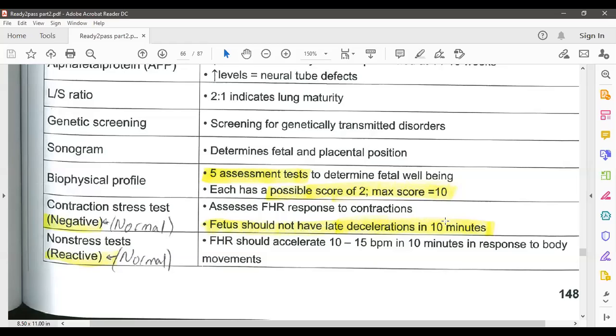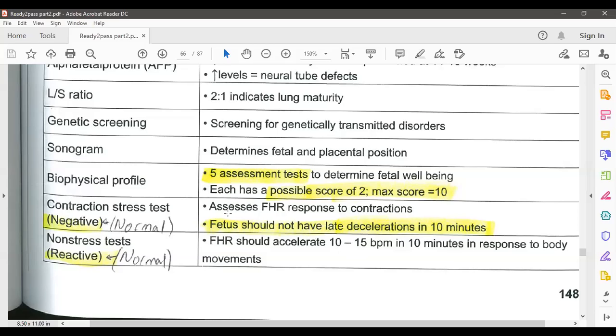It's done with nipple stimulation or oxytocin used to induce the contraction.